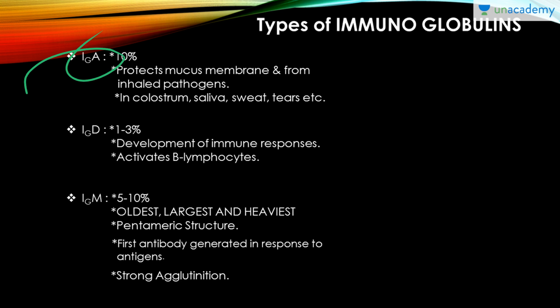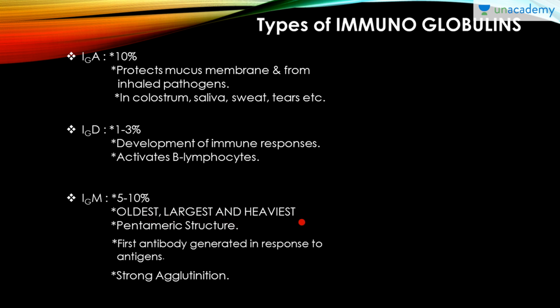Next we have immunoglobulin D, that is only 1 to 3%. It is involved in the development of immune responses and the activation of B lymphocytes. Now the very important one, immunoglobulin M, that is about 5 to 10%. They are the oldest, largest and the heaviest.